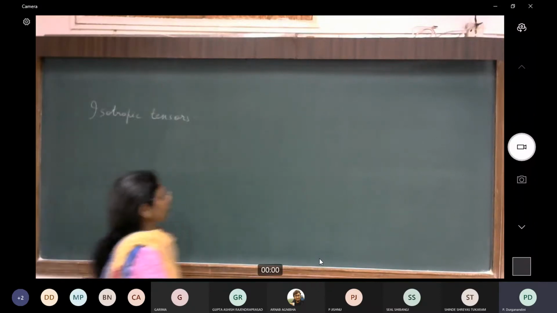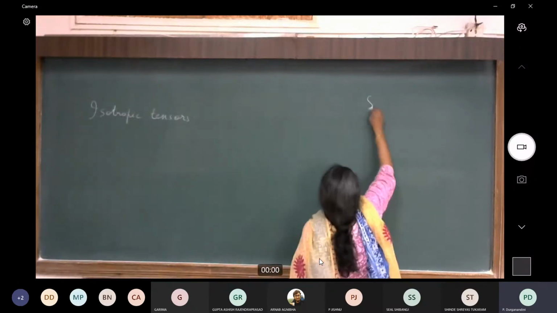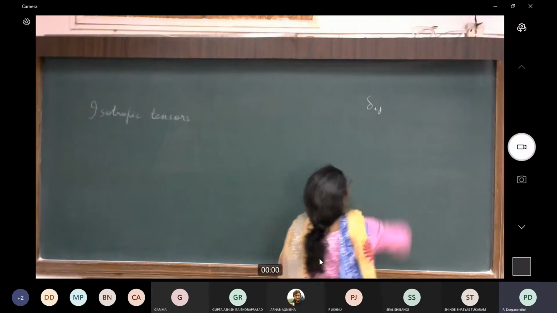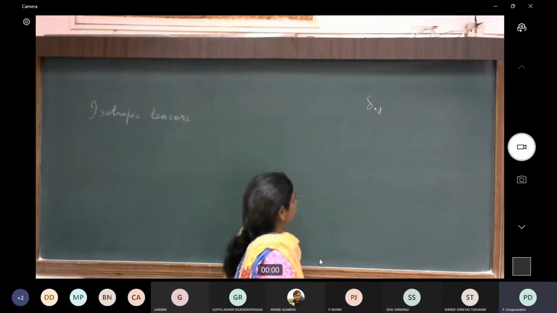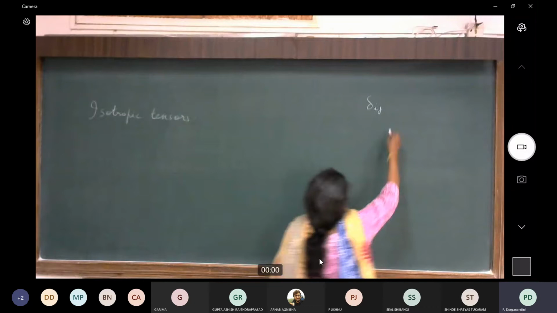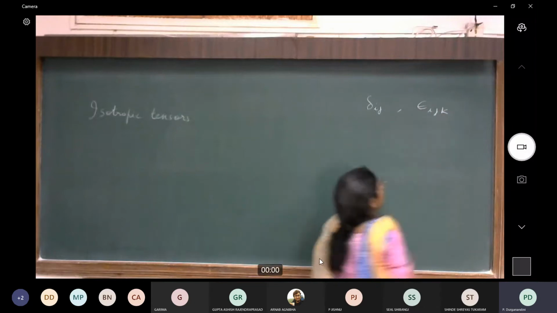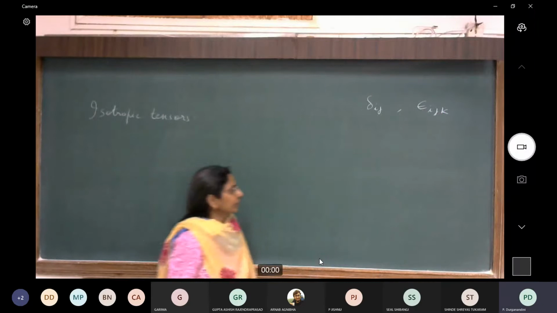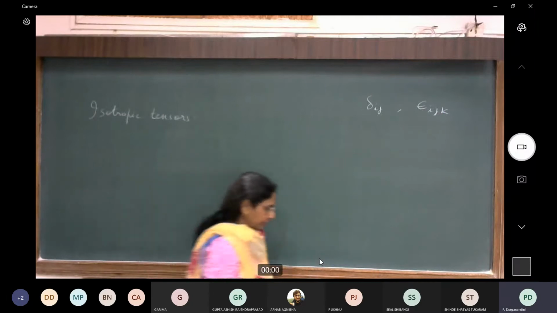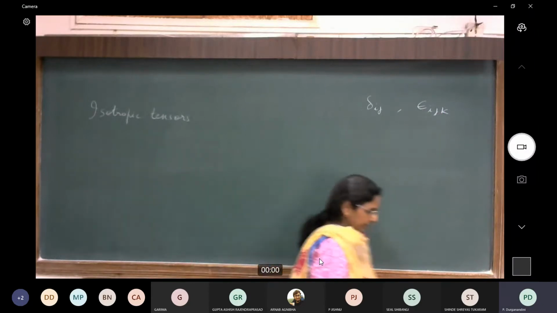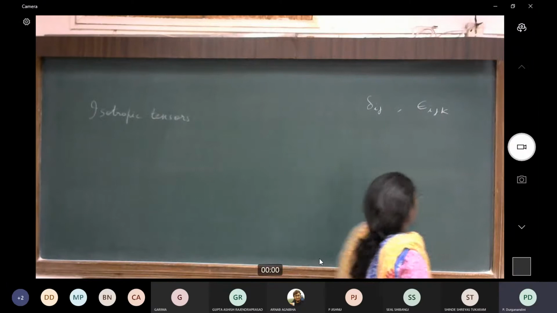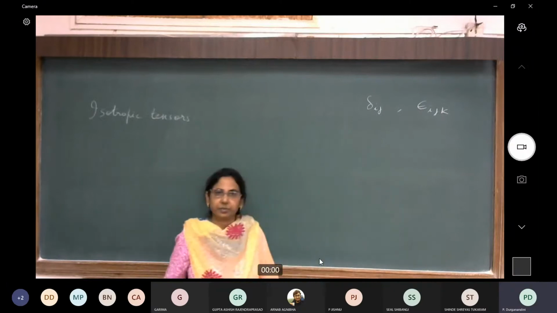And I've already given you examples of those. So one is delta ij. This is a second rank tensor, which we saw is also a symmetric tensor. The other is the totally antisymmetric third rank tensor, the Levi-Civita tensor, epsilon ijk. Then I also told you that if you want a vector which is isotropic, then the only vector which is isotropic is the trivial one, which is the zero vector.